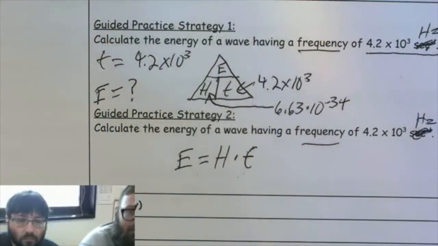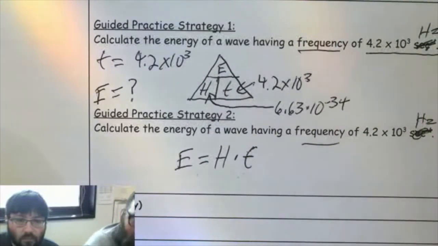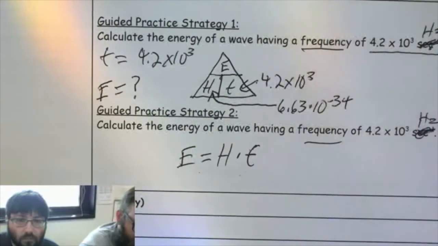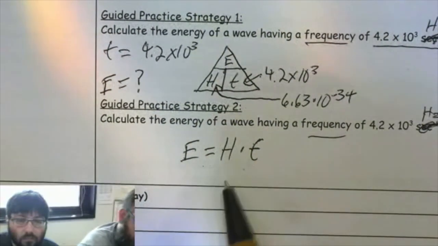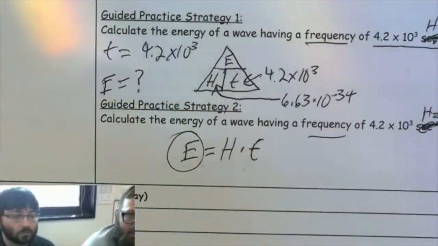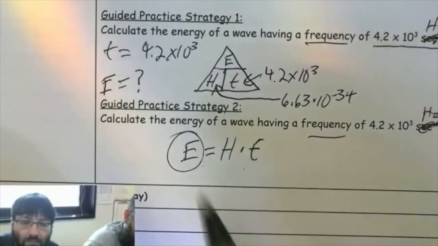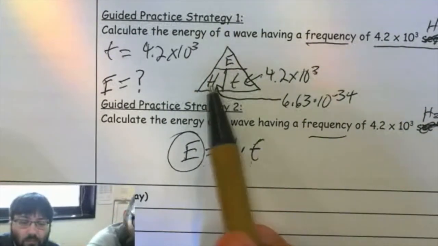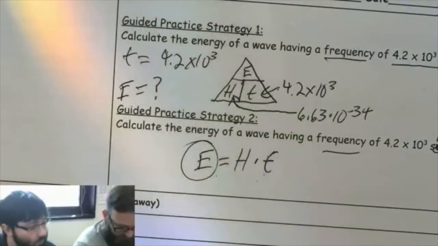The other way to solve for this, that would give the same answer, is to rearrange the formula, but we don't have to because energy is already by itself. So it's just h times f. We multiply those two numbers.